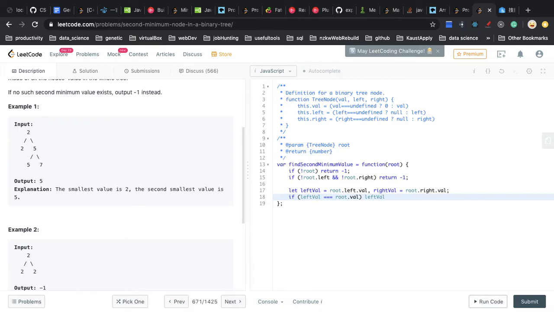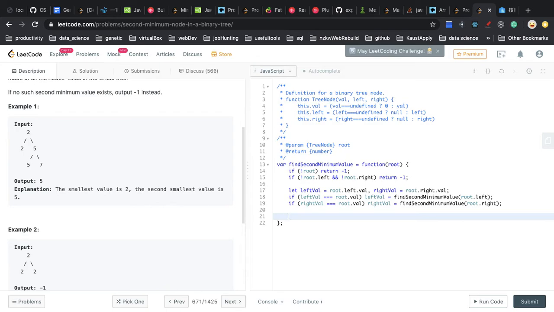So we will update the left value: we call this same recursive function on the left node. And if the right value equals root.value, we do the same with the right value: we call the same recursive function on the right node.